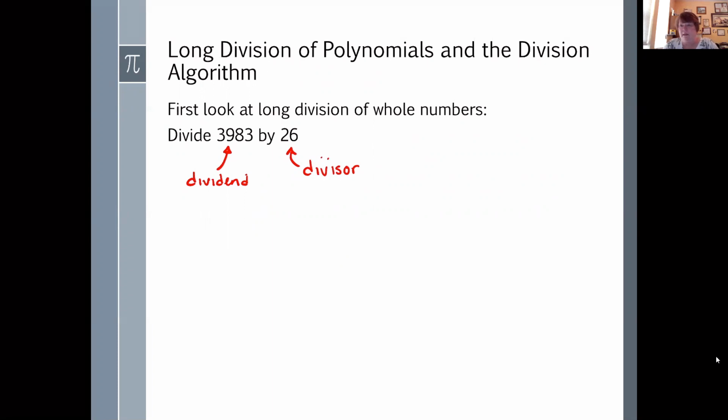So let's set this up and then we'll label everything. So we write down our dividend and we use a division bar. So we separate our dividend from our divisor using this half rectangle, a division bar. And we're going to write the divisor outside of our dividend. So again, this is our divisor.